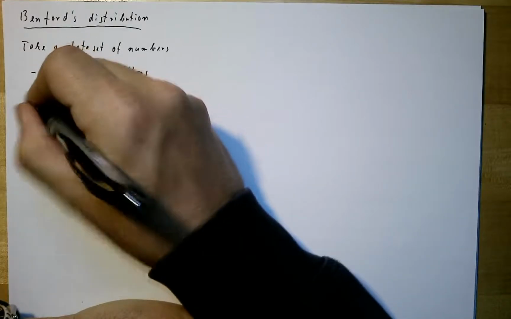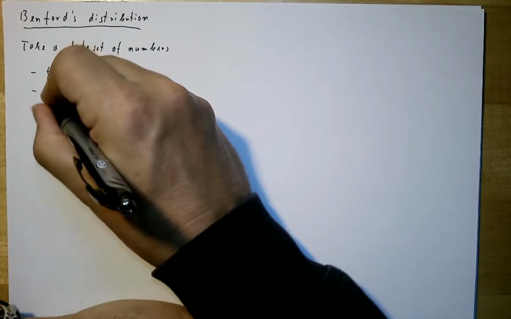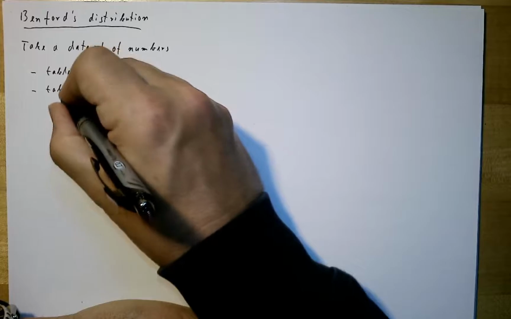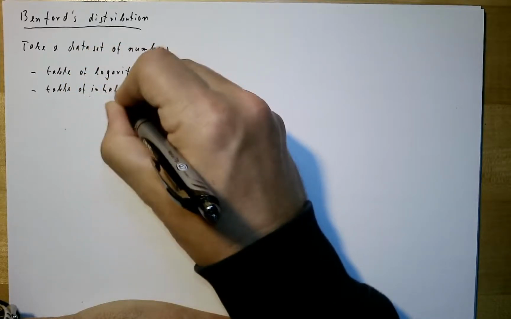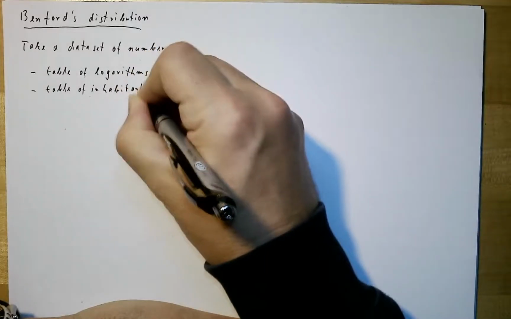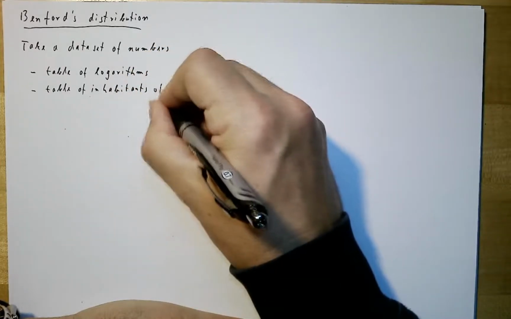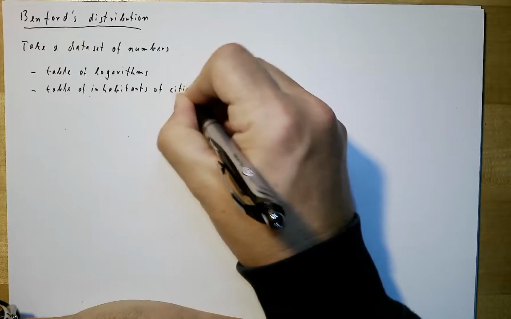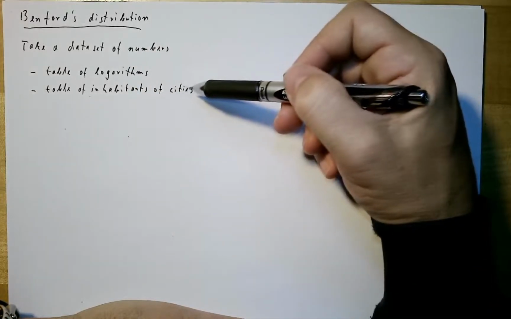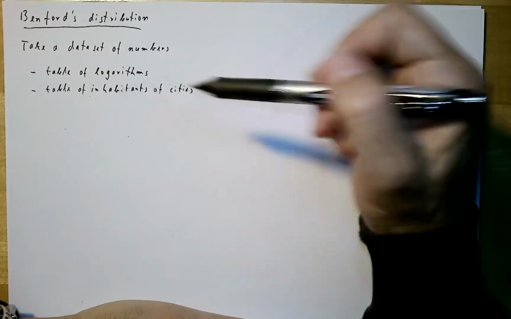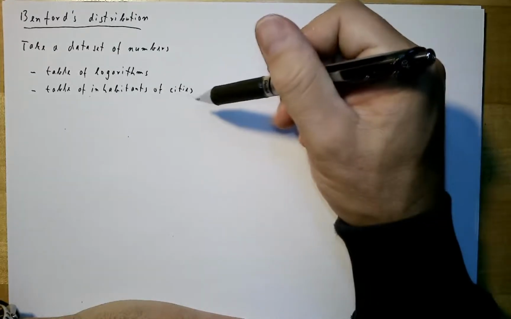But you could also have a table of inhabitants of cities. So we have a data set which has all German cities, and it has the inhabitants or the city size.